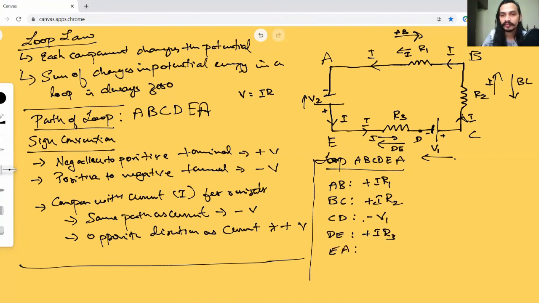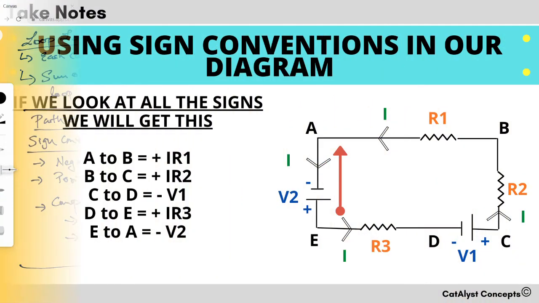Finally, coming to E to A, which is this direction, and that is just a battery. So it is only positive to negative movement, which means negative voltage, minus V2. So this way I have calculated using the sign convention for all 5.